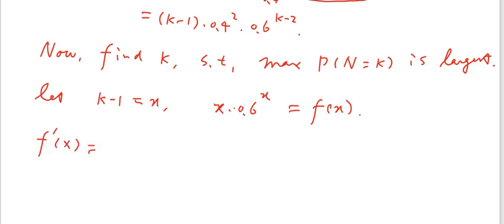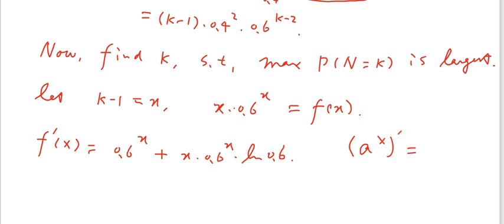The derivative equals 0.6 to the x plus x times 0.6 to the x times log 0.6. Here we use the derivative of a to the x, which equals a to the x times ln a, right?